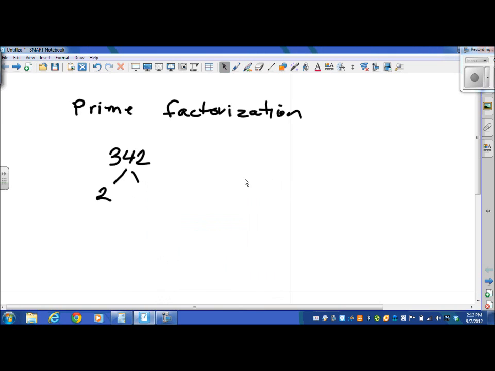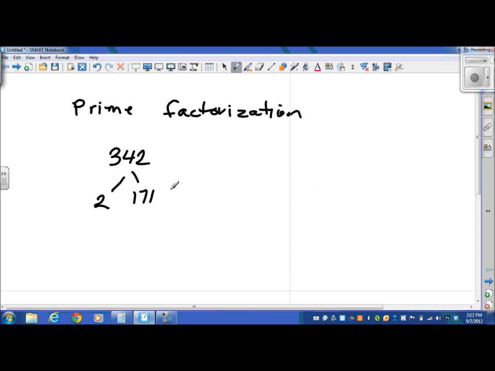So then I'm going to come over to my tree, and I'm going to write 171. Now I have to continue this down because I haven't broken this number down unless it becomes prime. If this number is prime, then I've broken it down.